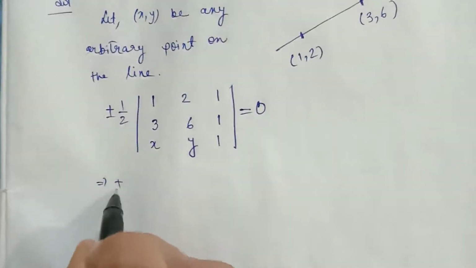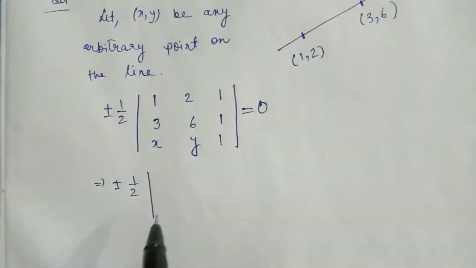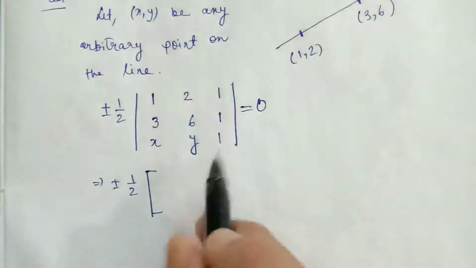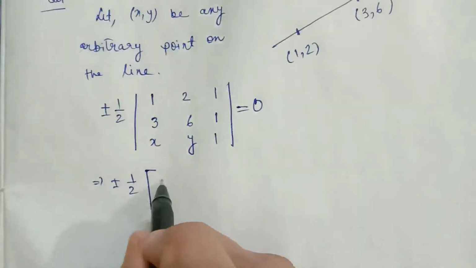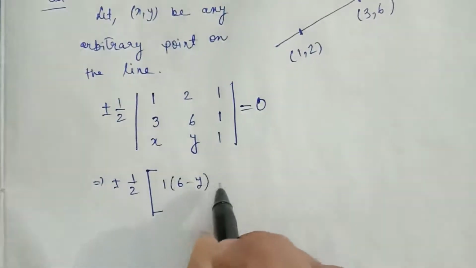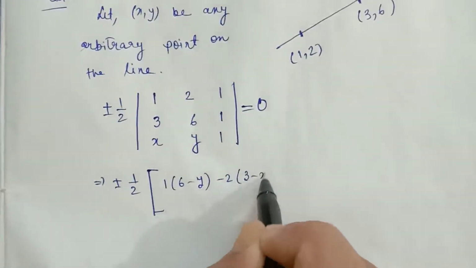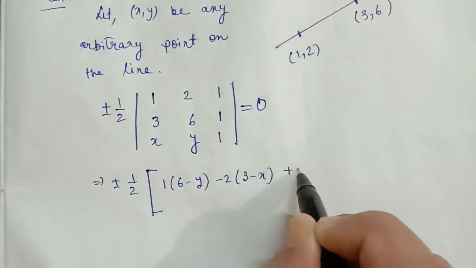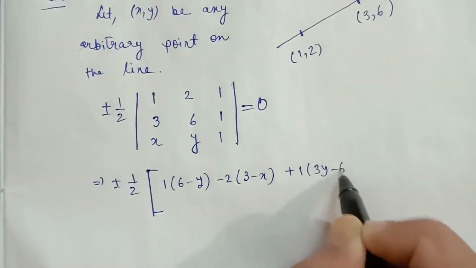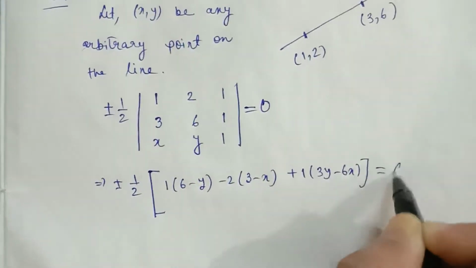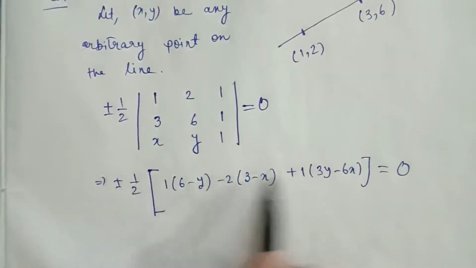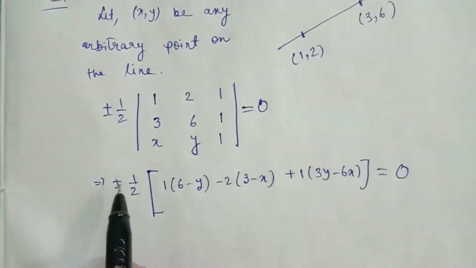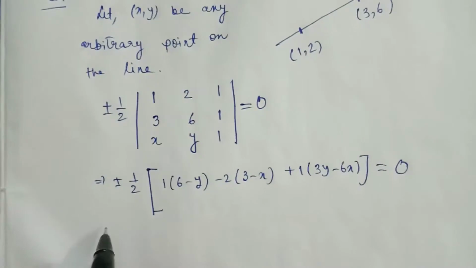Now expanding along any row, let us expand along the first row. 1 into (6 minus y) minus 2 into (3 minus x) plus 1 into (3y minus 6x) is equal to 0. If we cross multiply, 2 into 0 will be 0. If we bring plus minus sign on that side, plus minus 0 is also 0.